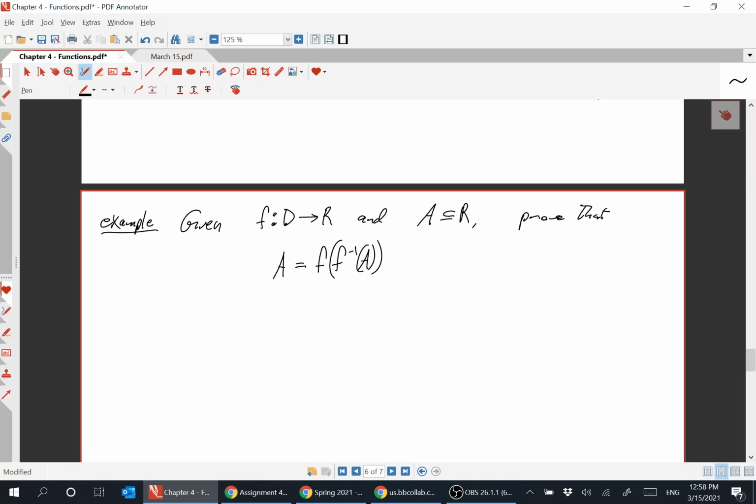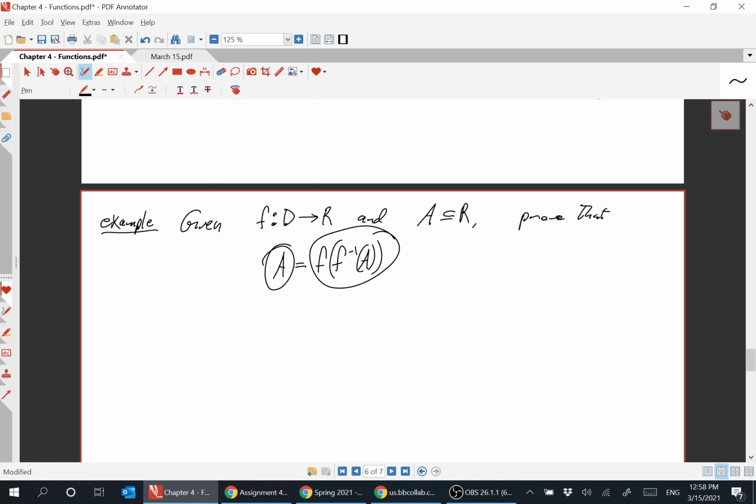Okay, well, first of all, what's the general outline for how to prove this type of statement? What are we trying to prove? What's this and what's this? Those two objects are what? They're sets, right?